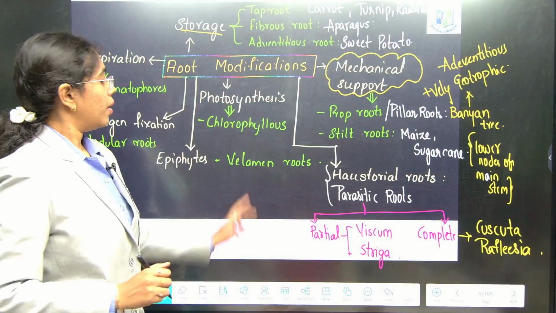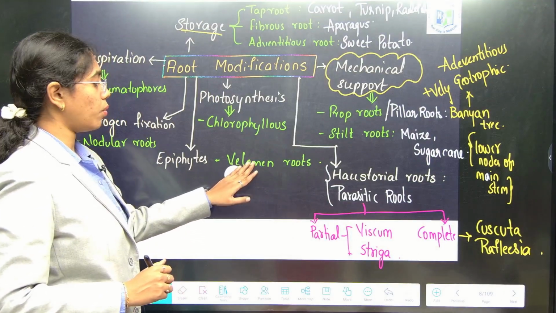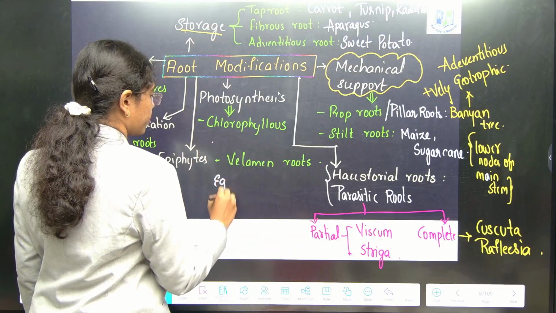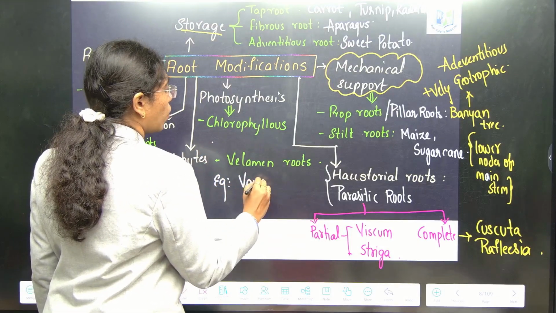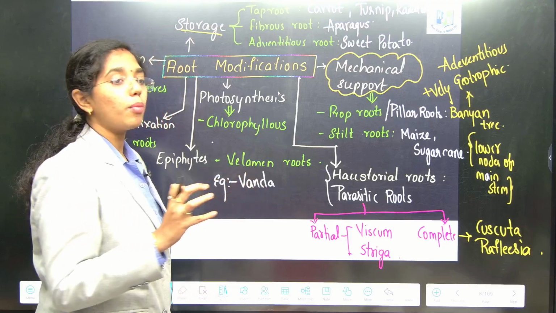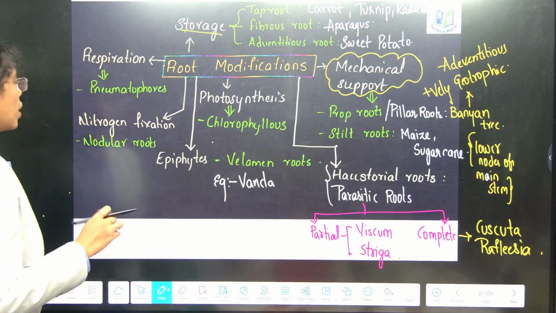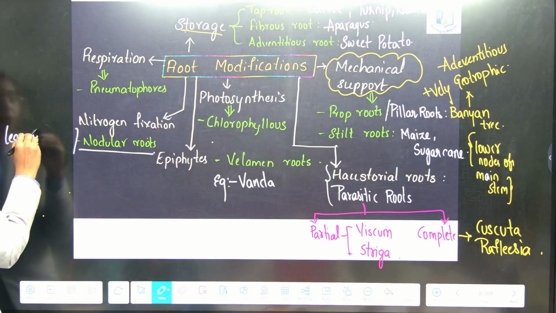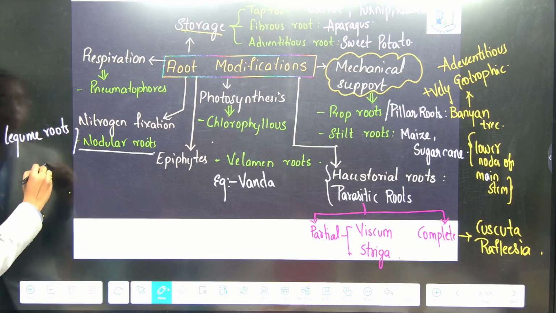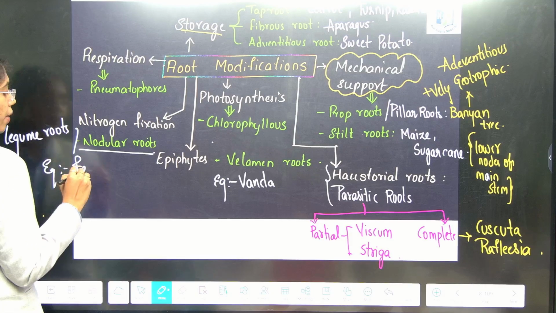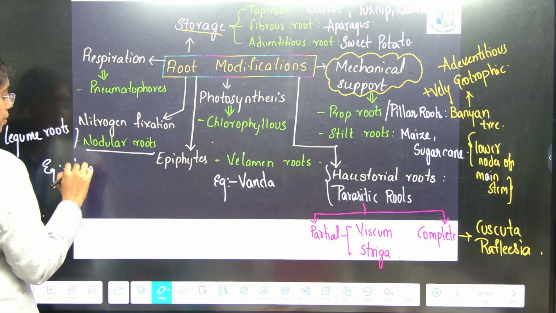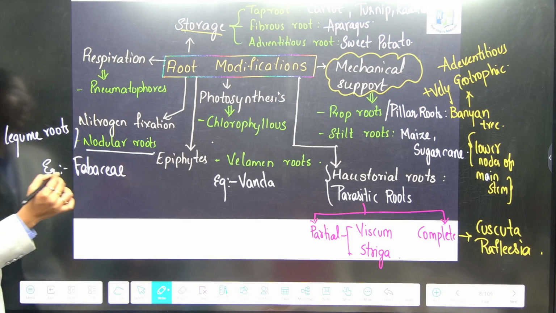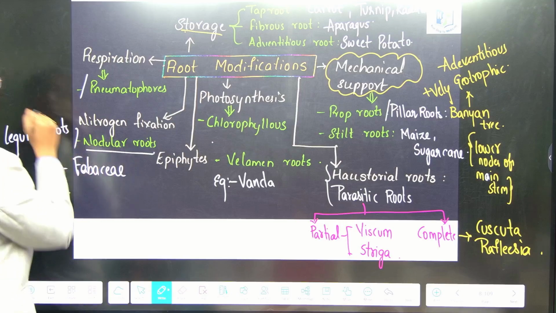Next, epiphytes, which have what type of roots? Velamen roots. Examples include Vanda. What is their main role? To absorb moisture from the atmosphere. Nodular roots, also known as legume roots, are observed in all the members of Fabaceae. Next, pneumatophores are breathing roots.